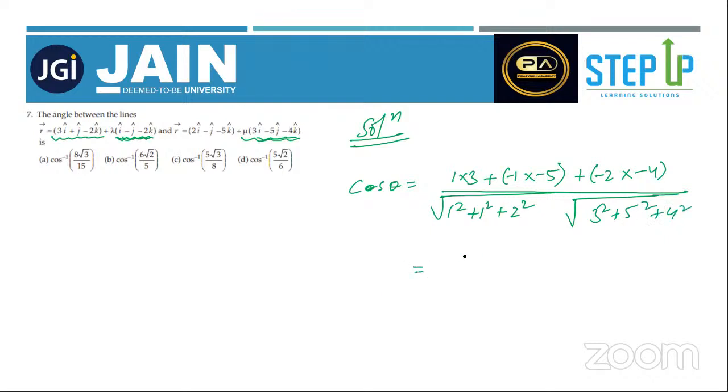So what is the answer we are getting here? 3 plus 5 plus 8. 4 plus 2 is 6, so root 6. 25 plus 16 plus 9. 25 plus 16, 41, plus 9 is 50, root 50.